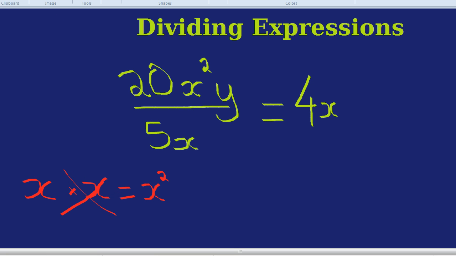Another way to think about it is you can just take away 1 from the number. So x squared, which is x to the 2, divided by x, which is just like x to the 1, you're left with x to the 1, which is x. And y is on its own because it's not being divided by anything. So the answer would be 4xy.